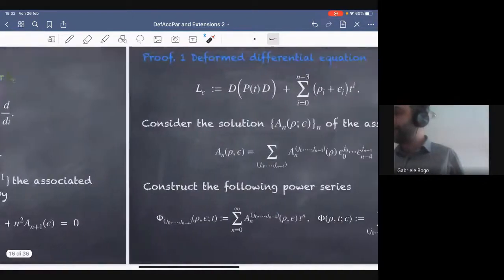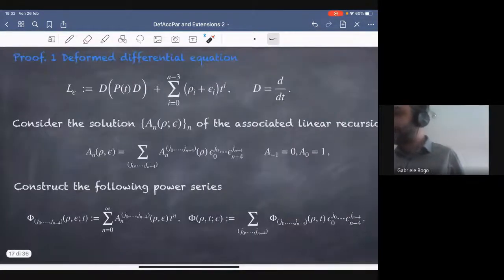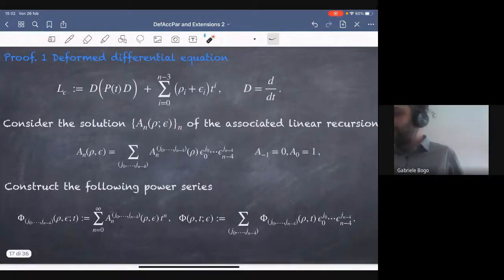Now you consider a solution of the linear recursion, with heavy notation because it depends on many things. The generating function of this solution with respect to t will give a solution of the differential equation, and can be written in this way: as something expanded in the formal parameters we added, and the coefficients will be some function of rho.